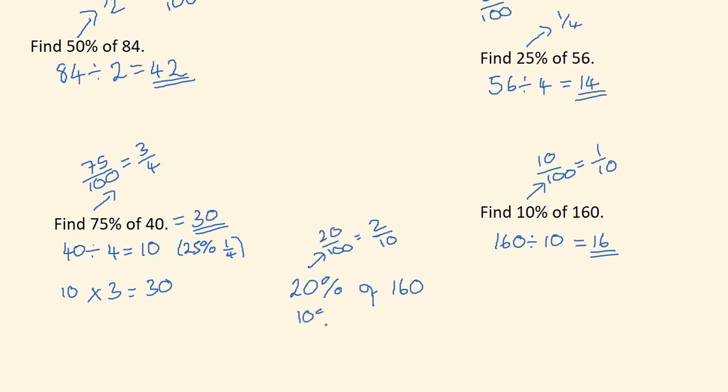So if I can say 10% of 160, we already know is 16. So therefore 20% of 160, we can just take that 16 and times it by 2. And that means that from that basis you can find a lot of other percentages. Obviously for that one then we get the answer of 32.